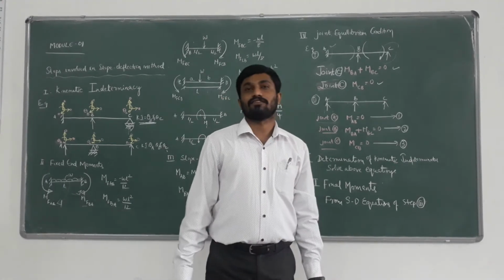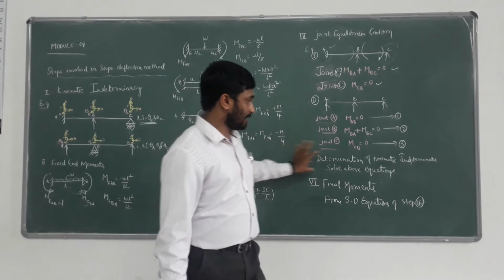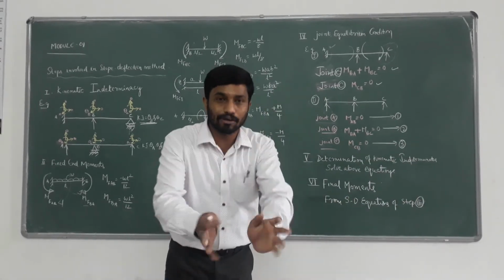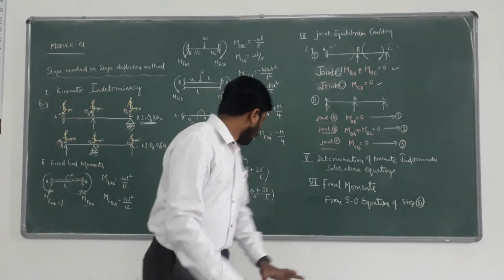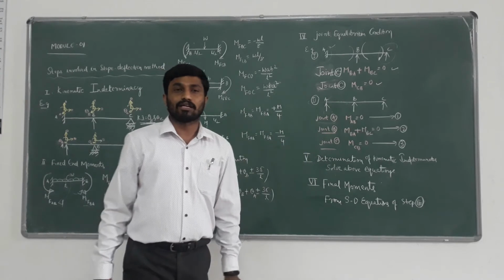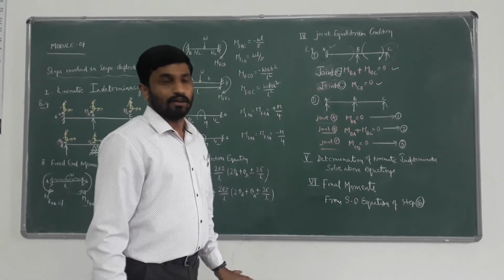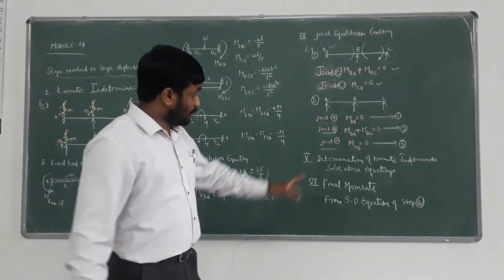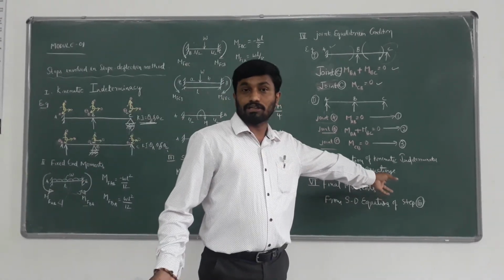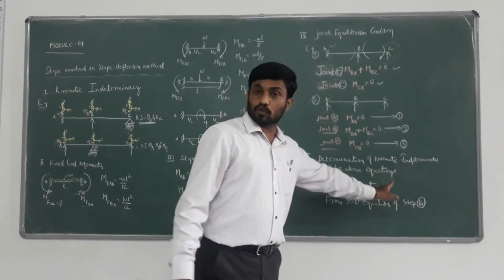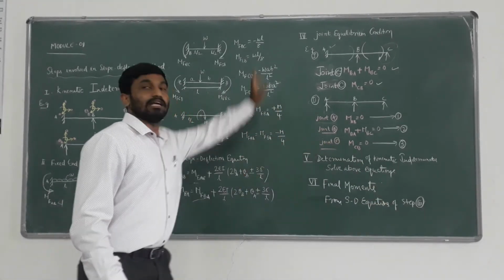Once we have the kinematic indeterminates, the last step is final moments. How to arrive at final moments? We have a set of equations in step 3, that is the slope deflection equations: MAB equals MFAB plus terms in theta A, theta B, and so on. The known values are theta A and theta B in this step, so we just substitute those values in the slope deflection equations.